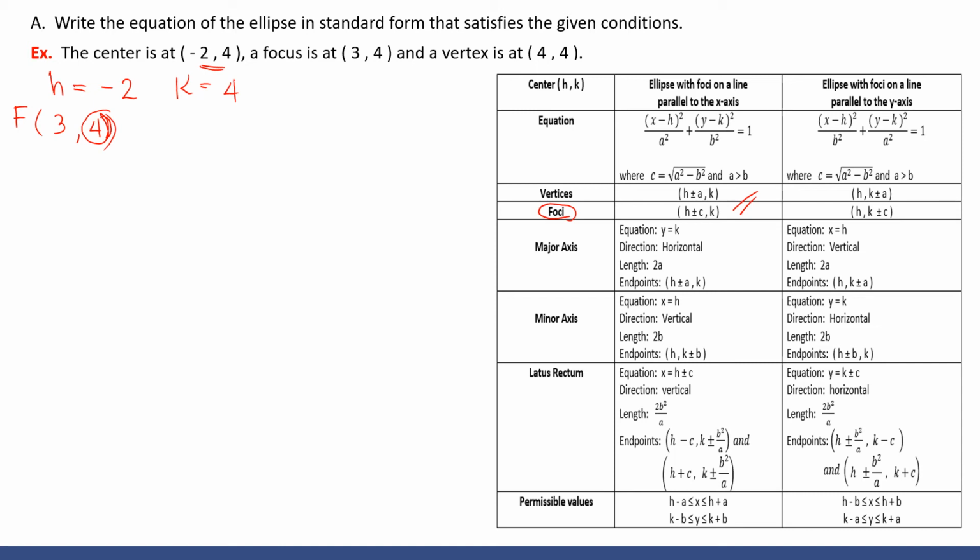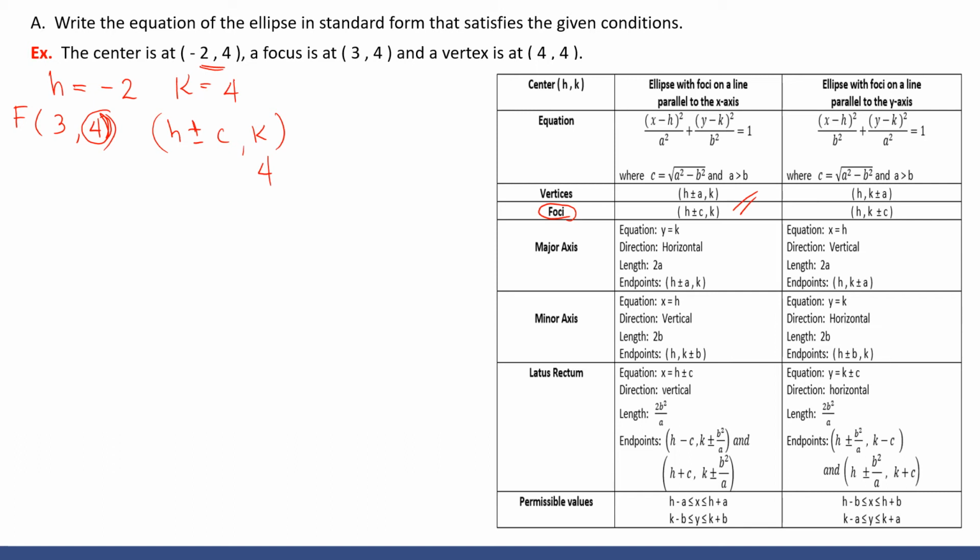Now, to solve for the other variable here, since meron naman tayong H, we can use the pattern H plus minus C, K, sabi natin. Diba? And we found out na K is 4. Ano na lang ang problema natin dito? Itong H plus minus C. So happened that H is negative 2.